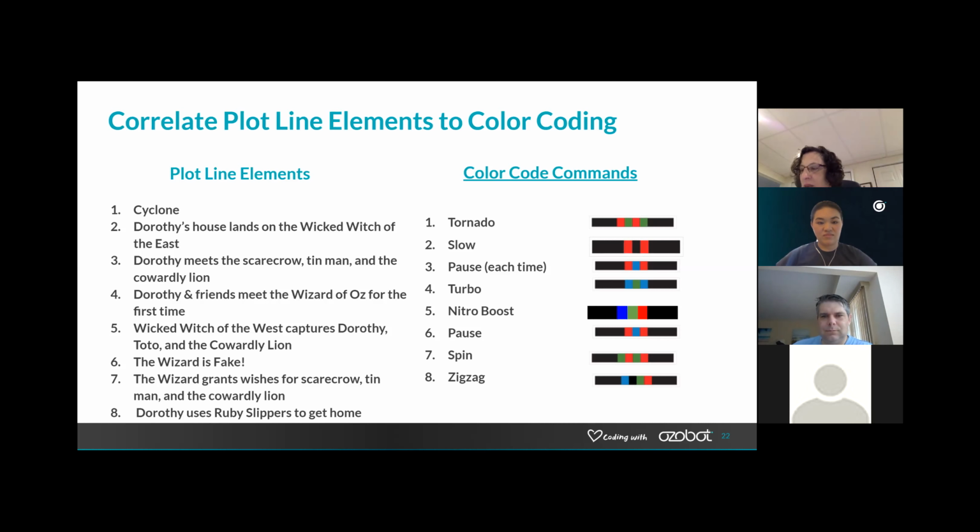So I said to my students, you need to use 3 categories out of the 6. What they used was, as you can tell, they love the idea of cool moves. They just loved that category. They used the speeds, and they did the timer. They thought the timer would be appropriate when Dorothy was meeting the Scarecrow, the Tin Man, and the Cowardly Lion, because they're constrained by their paper.